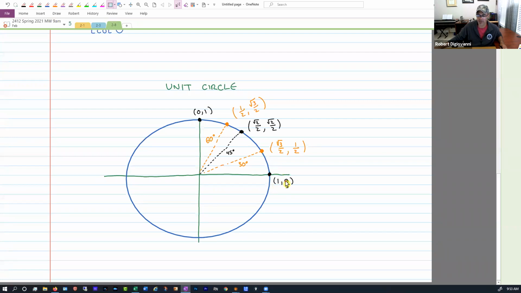I think the (1, 0) and the (0, 1) are easy. Would you all agree with that? These two should be easy to remember. The one in the middle is just root 2 over 2. You just got to remember that's the x and y coordinate, right? So it matches. Then the other ones, these two you have to remember, and you just need to remember the order of those.